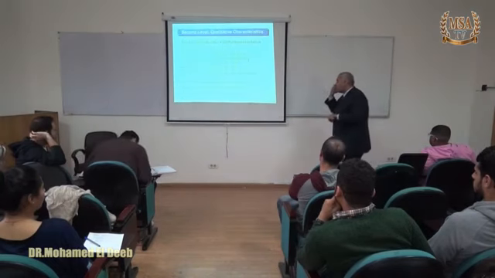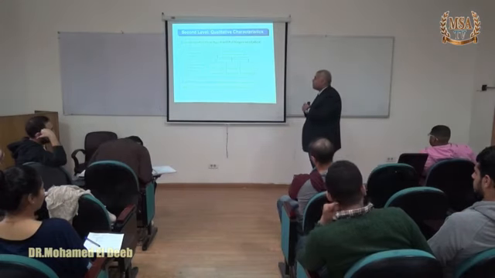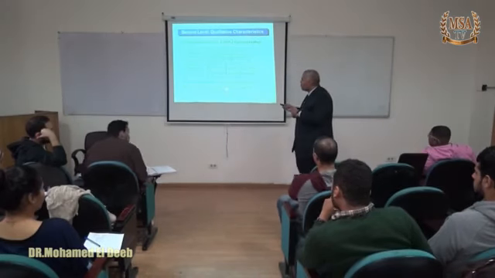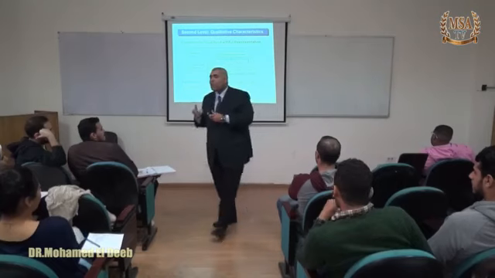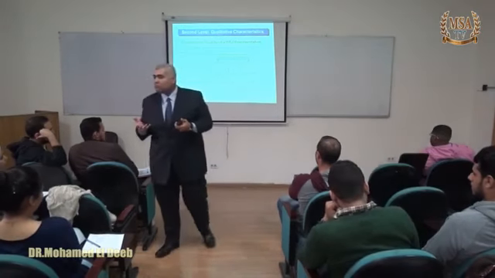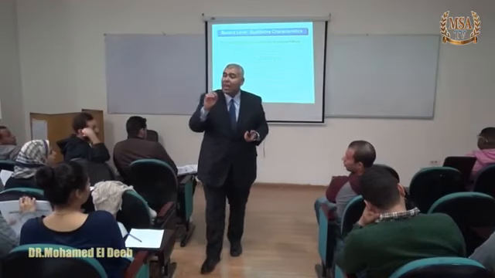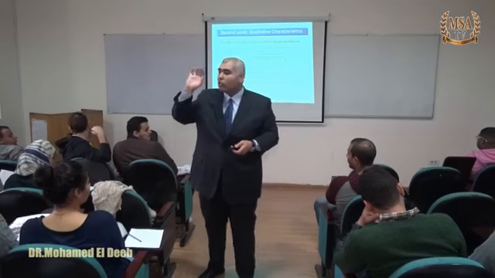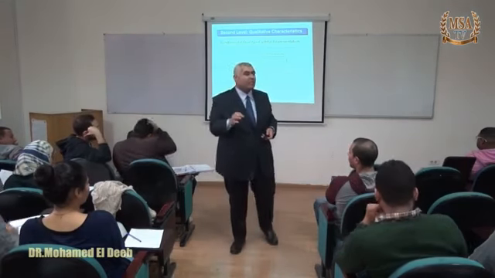The second criterion is faithful representation. What is faithful representation? It means that the numbers and descriptions match what really exists. The management, who is responsible for issuing the financial statements, has to be faithful. You have to present all the actual transactions and include all the numbers that actually happened and actually exist.